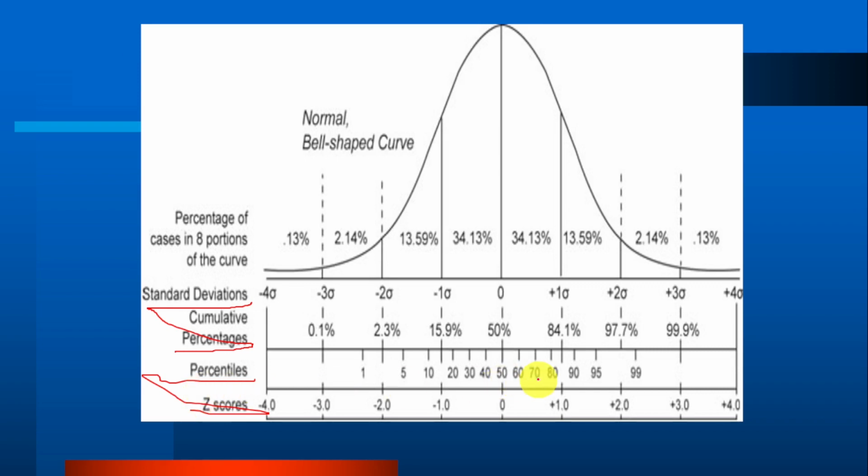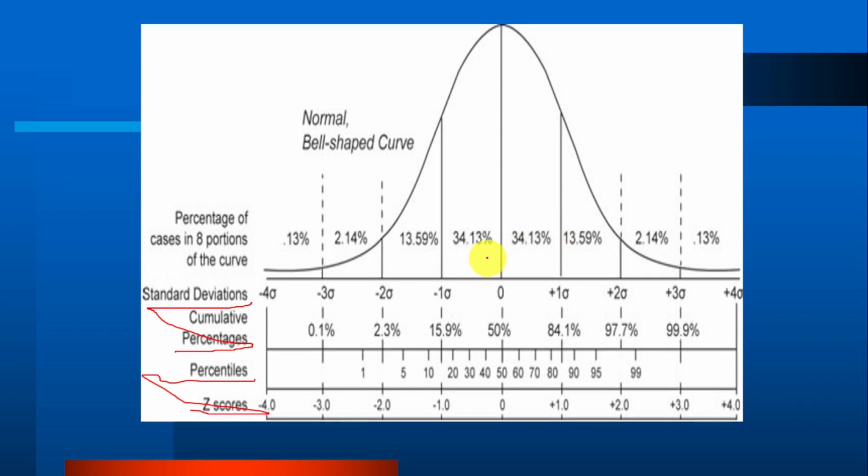In percentile you have 1, 5, 10, 40, and 99. In standard deviation, we take 0 as 50%, then minus 2 sigma is 2.3%, and minus 1 sigma 15.9%. It is the distribution of the scores on the bell curve.